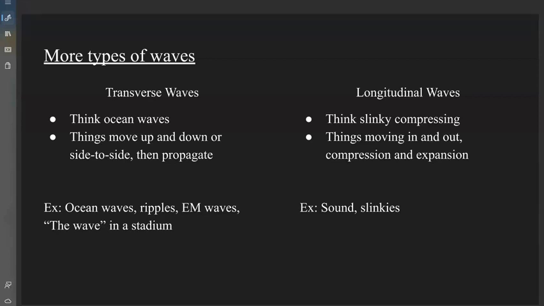So a transverse wave is one that you see moving side to side. Longitudinal wave means it goes in and out, so it compresses and then expands, and then it compresses, and then it expands. So, the difference between transverse waves and longitudinal waves.